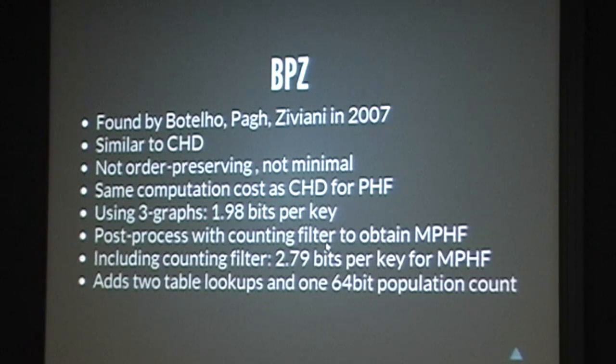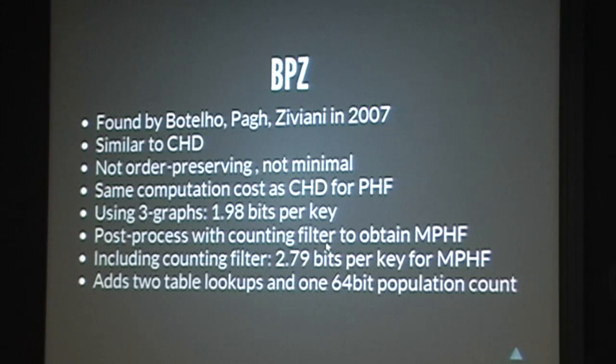So the second algorithm is much newer. It's from 2007. It's not order preserving and it's not minimal. It's about the same computational cost, but it's much more compact. So using 3 graphs, you need less than 2 bits of storage per key.